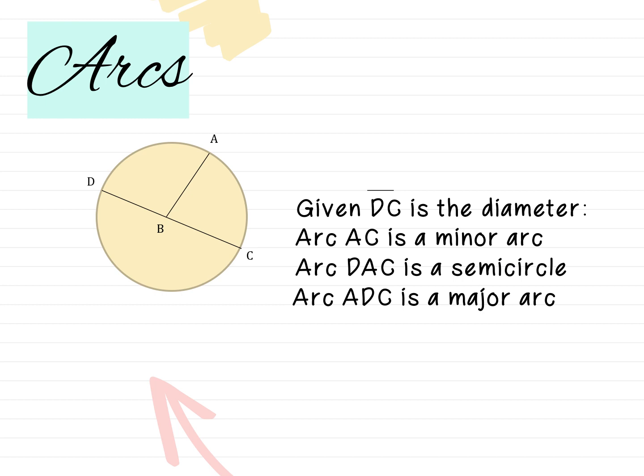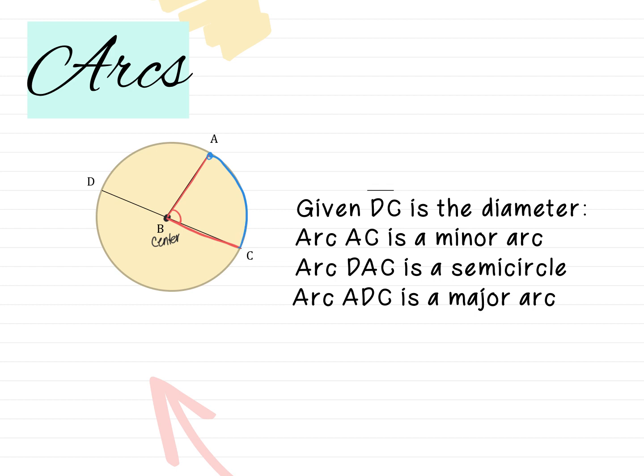So in this circle, we're going to notice that DC is stated as the diameter. If DC is stated as the diameter, then we know that B is the center of this circle. And if B is the center, we know that any angles formed with the center as the vertex, for example, this angle here, angle ABC, that vertex there is going to be a central angle. Now, angle ABC creates this arc here.